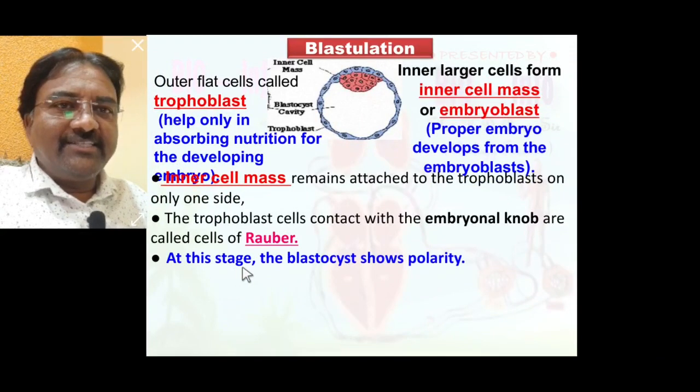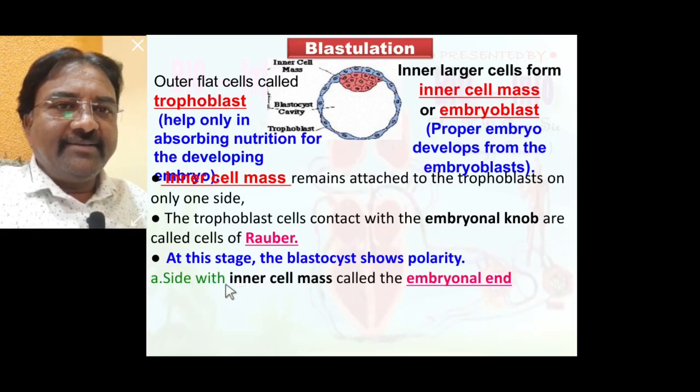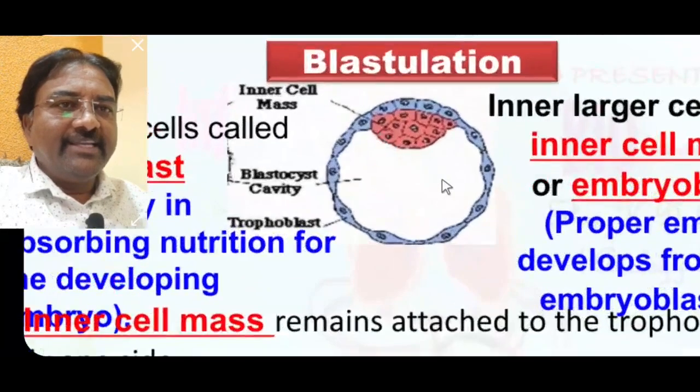Now at this stage, with the cells of Rauber, the blastocyst shows polarity. The side with the inner cell mass is called the embryonal end, meaning the side where the inner cell mass or embryoblast cells are present. Here we see the blastocele, and this is the inner cell mass or embryoblast.